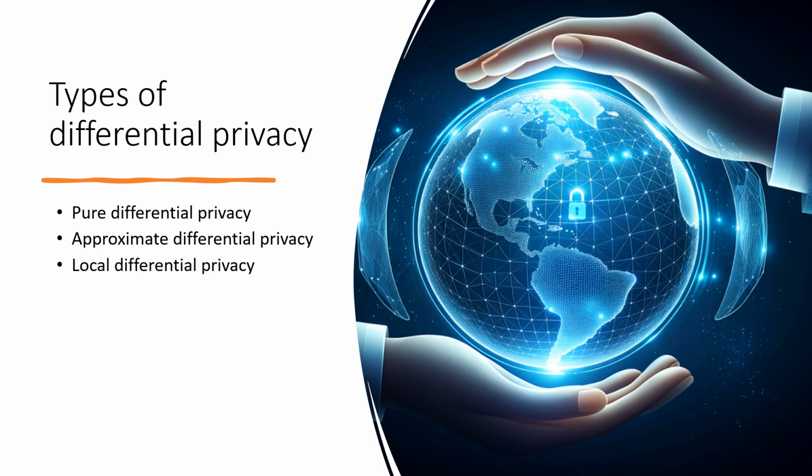Whether you go for the strict security of pure differential privacy, the balanced approach of approximate differential privacy, or the individual control of local differential privacy, the goal is always the same: to protect the privacy of individuals while still allowing for valuable insights to be gleaned from the data. It's a complex topic, but one that's becoming more and more important as we grapple with the challenges of big data and personal privacy in the digital age.